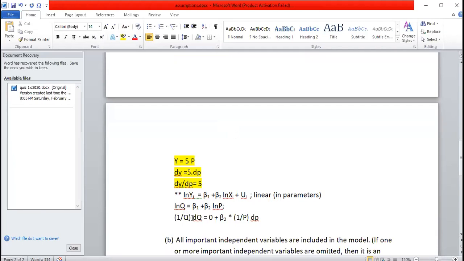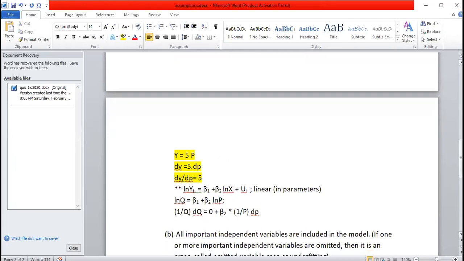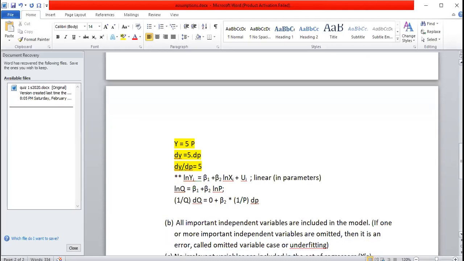Then change in q is here, dq, like dy here. Then you have beta 2, which is 5 here. Then 5 multiplied by, instead of dp, you get 1 by p dp. Why? Because this is a log of p. I hope you will understand this simple total differential.